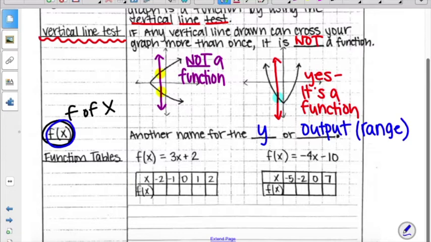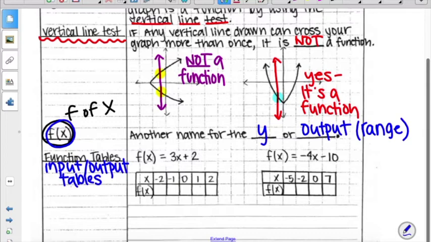What we have at the bottom are input-output tables. Usually you guys have seen them with an x and a y. These ones have f of x instead of y. It's the same thing.